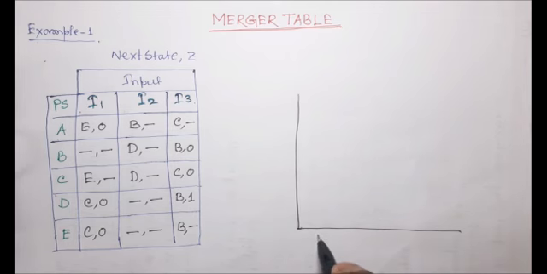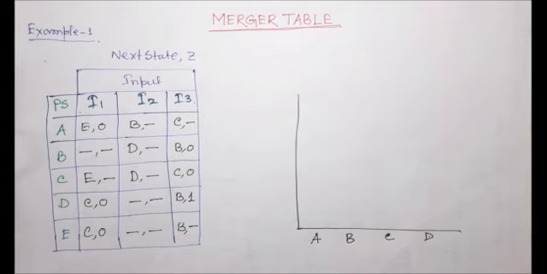So first we will write A, B, C, and D. I will write the number of states minus 1 in the case of rows, or you can do it the other way also. So here the number of states is 5, but I have just mentioned A, B, C, D. Why?